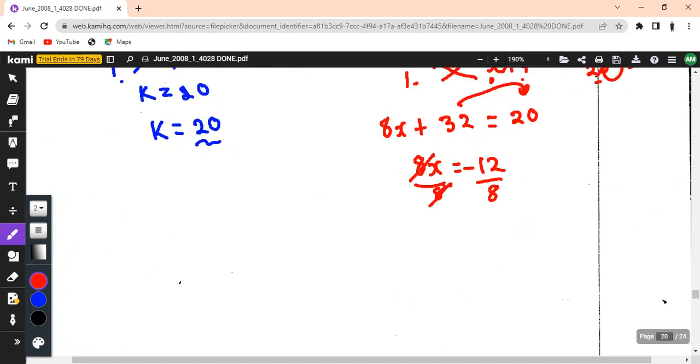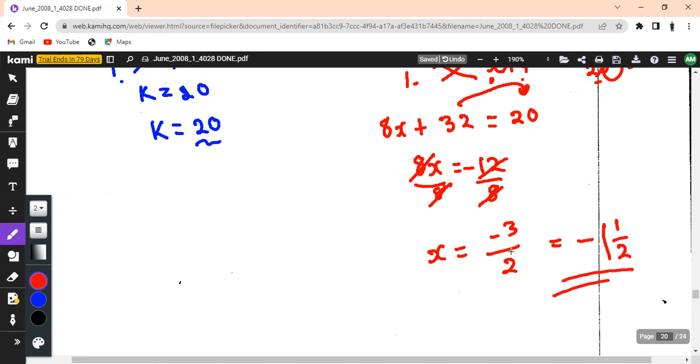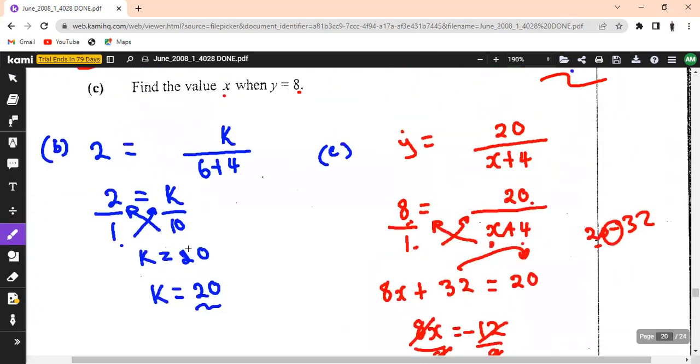So our x, dividing by 4, that's a negative 3 by 2. So our x is going to be minus 3 over 2 or minus 1.5. All right, so that was it for the value of x. You just have to make sure that you are applying your substitution properly, and by doing that, everything is clear, as you can see, guys.